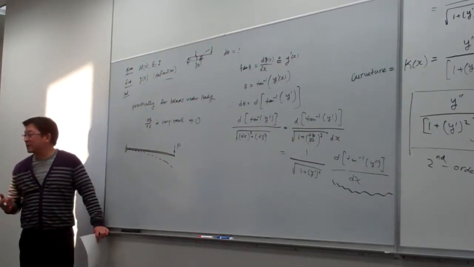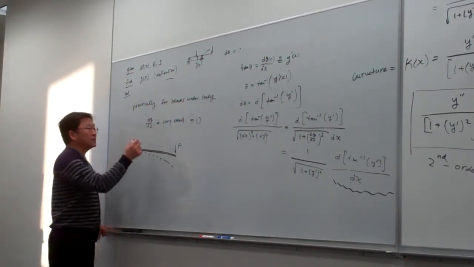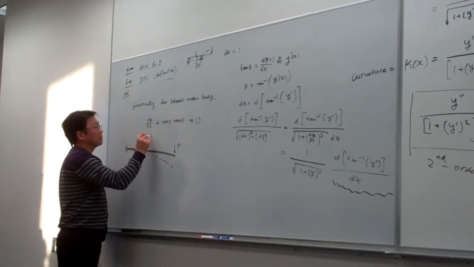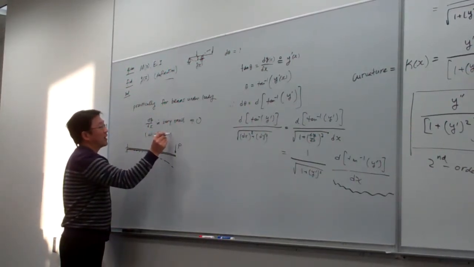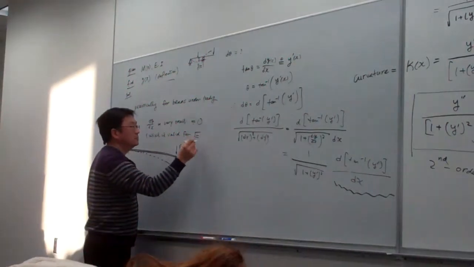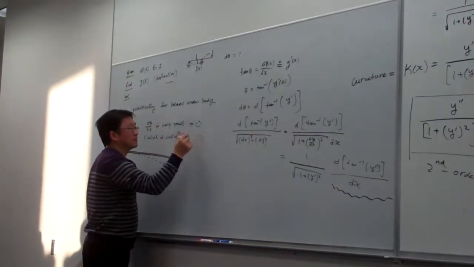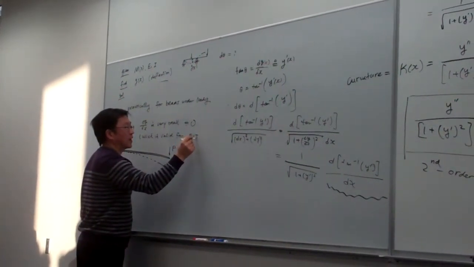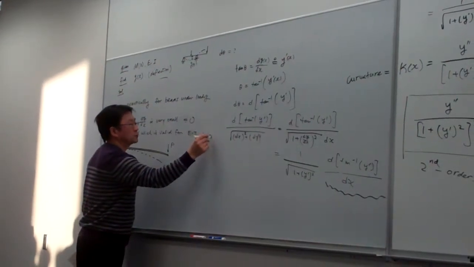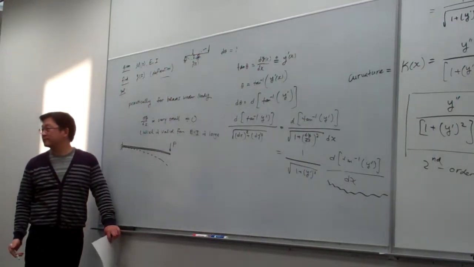For regular beams, this one is valid for EI, the multiplication of E and I. For E multiply I large. How large? As large as possible.